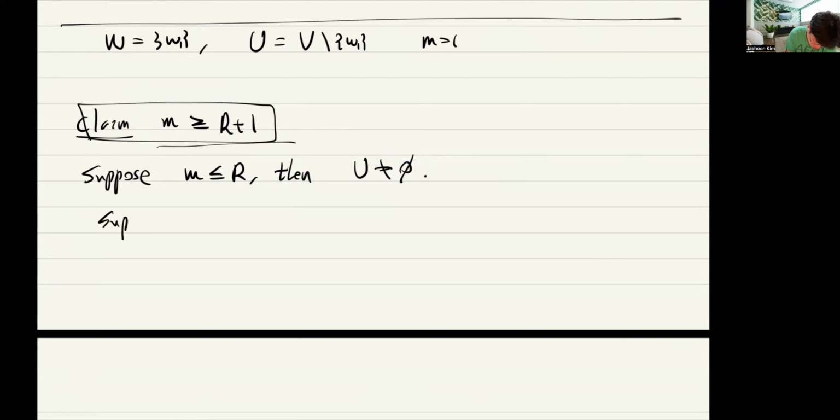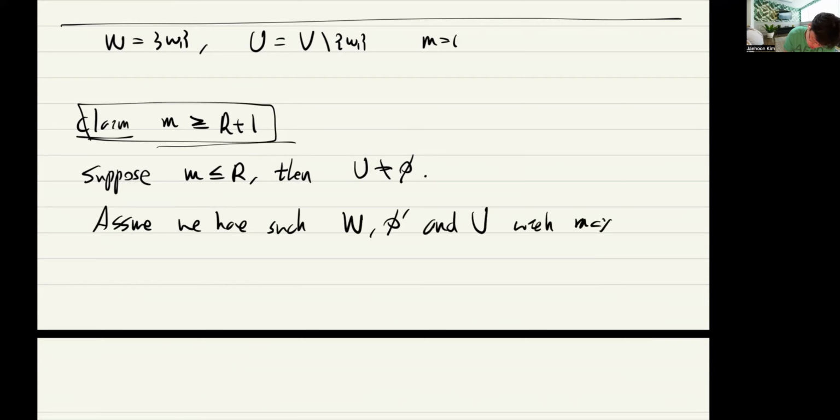So assume we have such W, pi prime, and U with maximum m, but m is at most r.